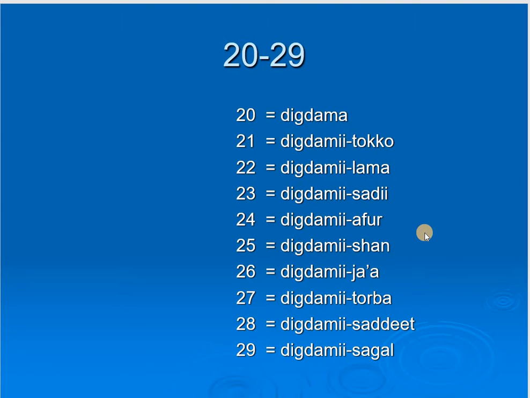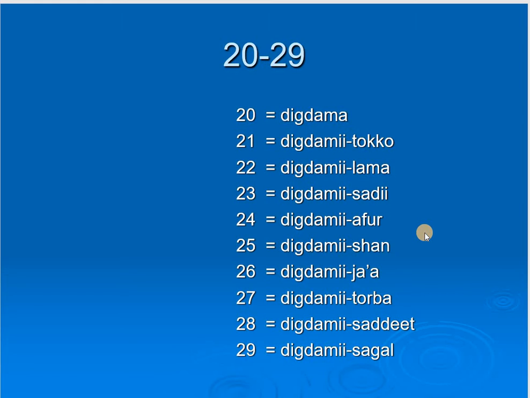So here is the next number, Digdama. Digdama doesn't really sound like 2, like 20 in English. We call it Digdama, Digdami Tokko, Digdami Lama. After that, we just add the numbers onto Digdama.